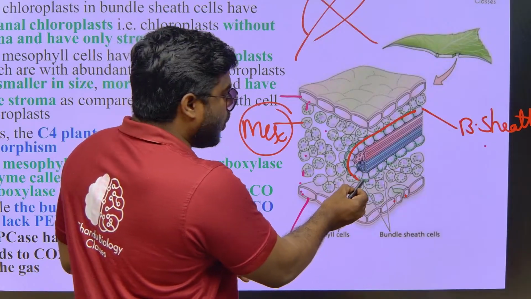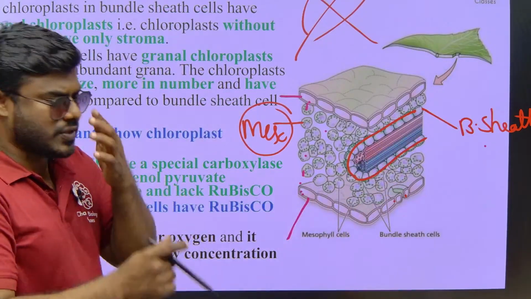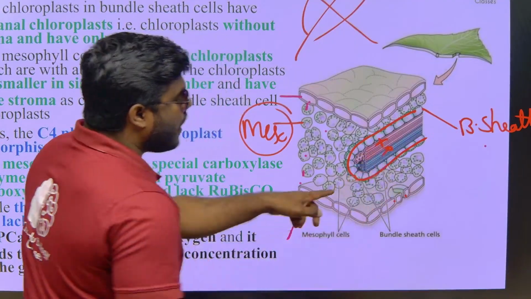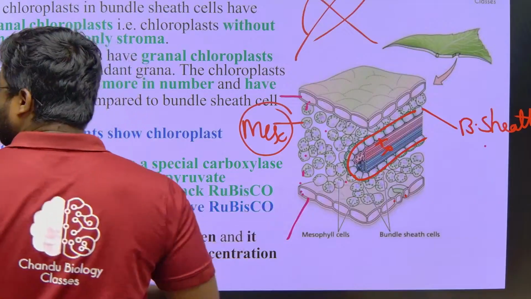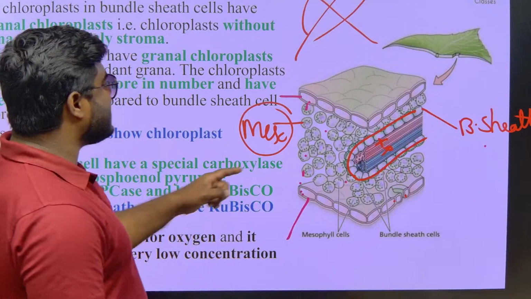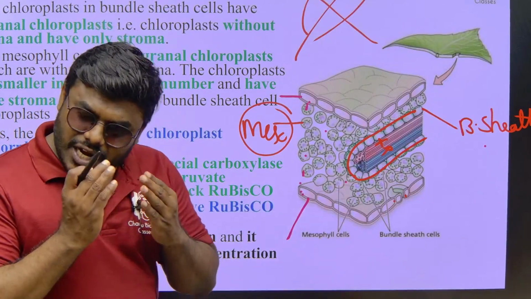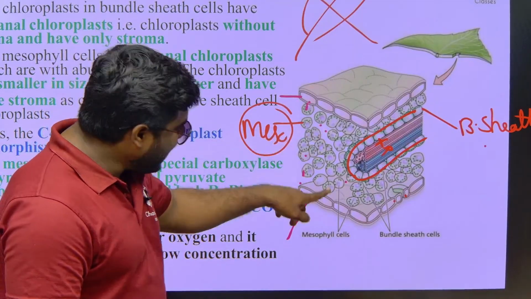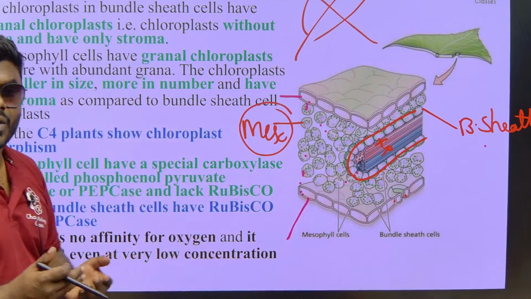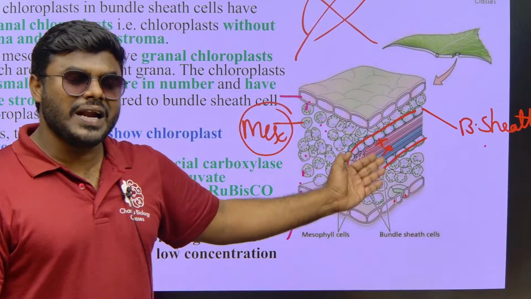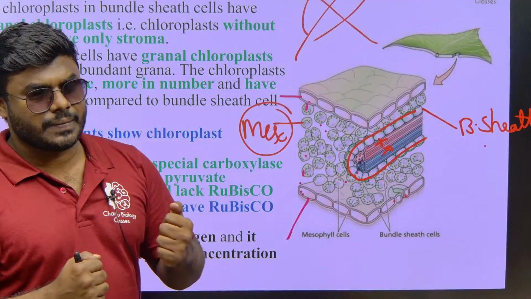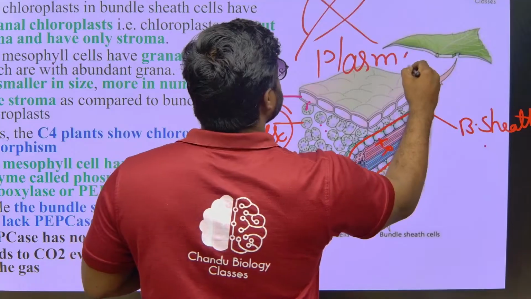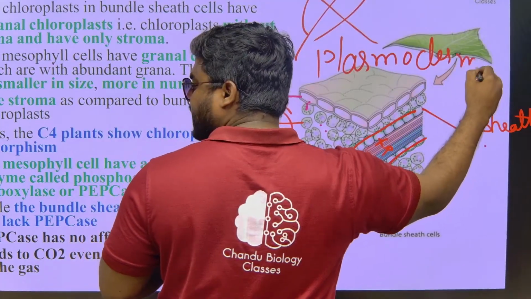No, they are very tightly, compactly attached, and they are very close to the xylem and phloem. Now what is Kranz anatomy? For Kranz anatomy to take place, we require both mesophyll and bundle sheath cells. Now the direct question: how are mesophyll and bundle sheath cells connected with each other? They are connected via plasmodesmata. What is plasmodesmata?